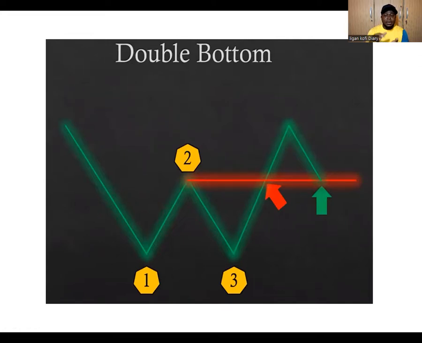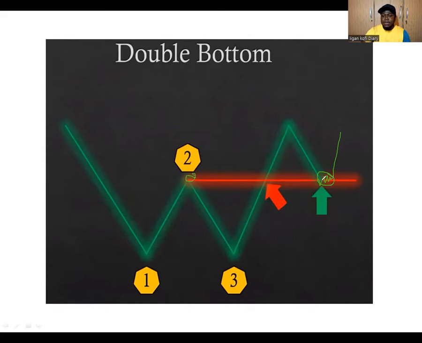Once the neck is retested, then you will wait to see the price action that will be formed here. So whatever is going to be the price action over here will tell you to go buy, just as we did in the head and shoulder pattern. So you will really have to see that, yes, this neck you are seeing here is really going to hold.